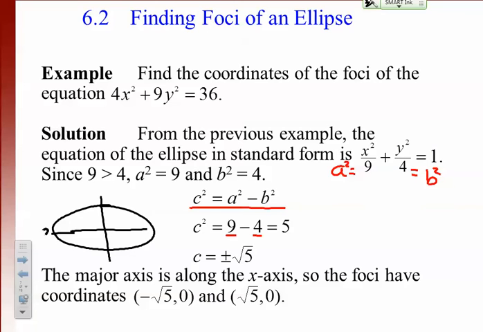Okay, so that's 3, -3, 2, -2. So my focus points are always going to be along this major axis. So there's going to be square root of 5 and negative square root of 5, and if I was going to write it out, with the 0 here, because this one's centered at the origin.